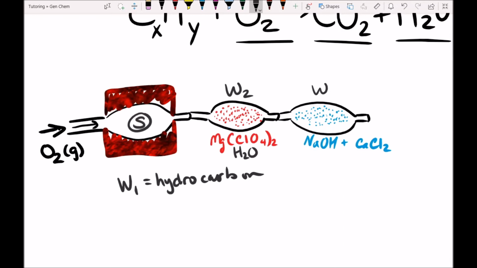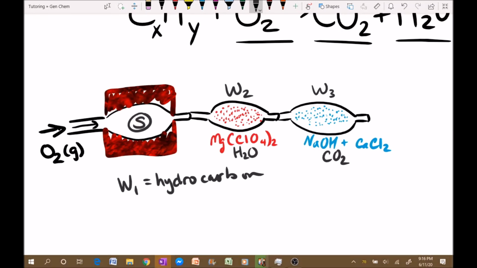And our third weight is the weight of the chamber that absorbs the CO2. And we weigh these before the reaction happens. So the sample is placed in the chamber, where it is burned with oxygen flowing through the glass tube.